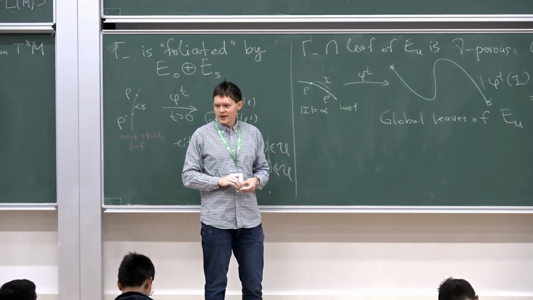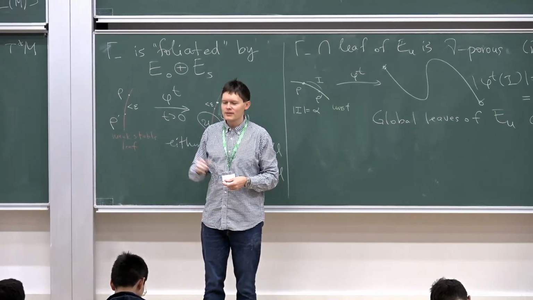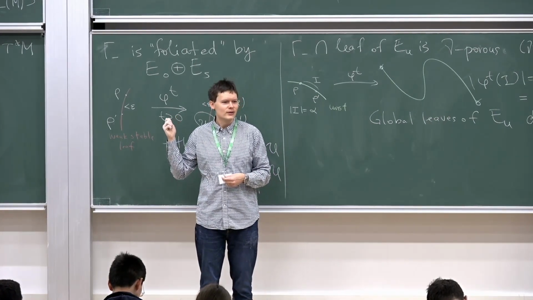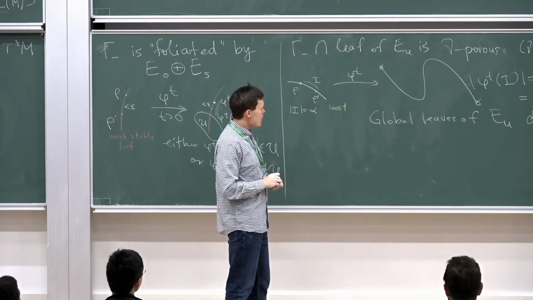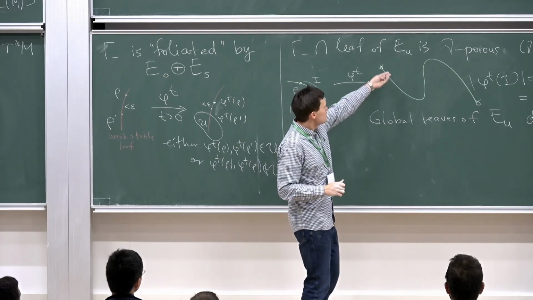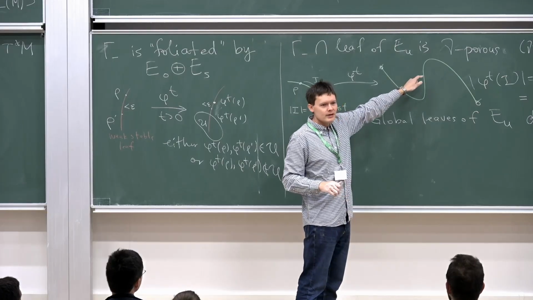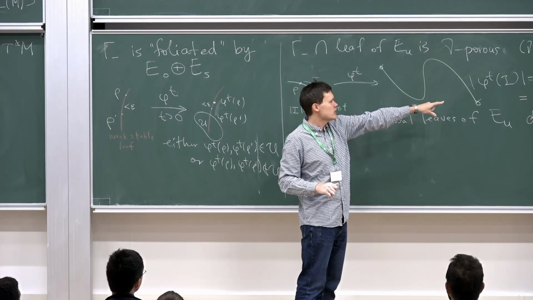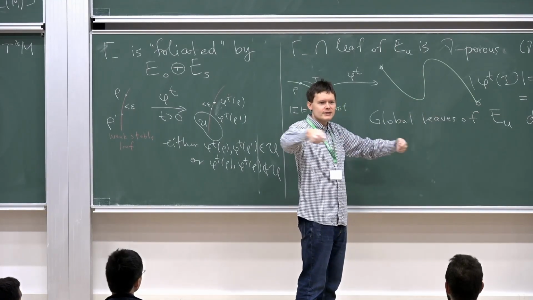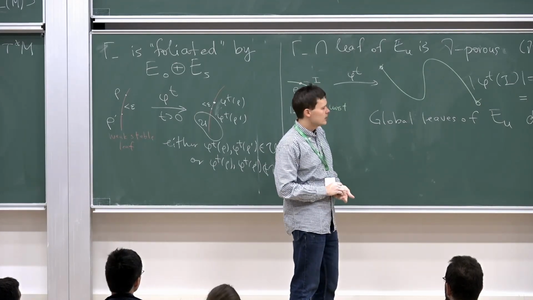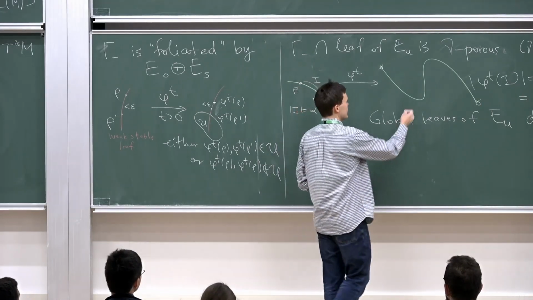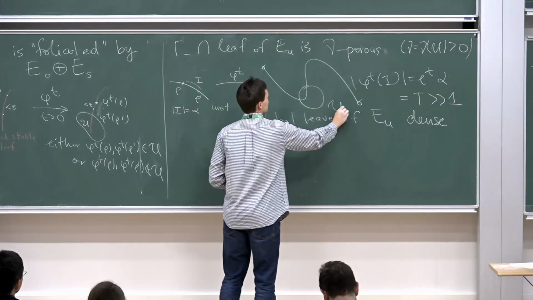This is where we use, by the way, I completely forgot to mention that my manifold is connected. And that's where this would be used. And so then you can see it, because everything is compact, if you take a sufficiently large number, capital T, then every size T segment of a global unstable leaf will intersect my non-empty open set.